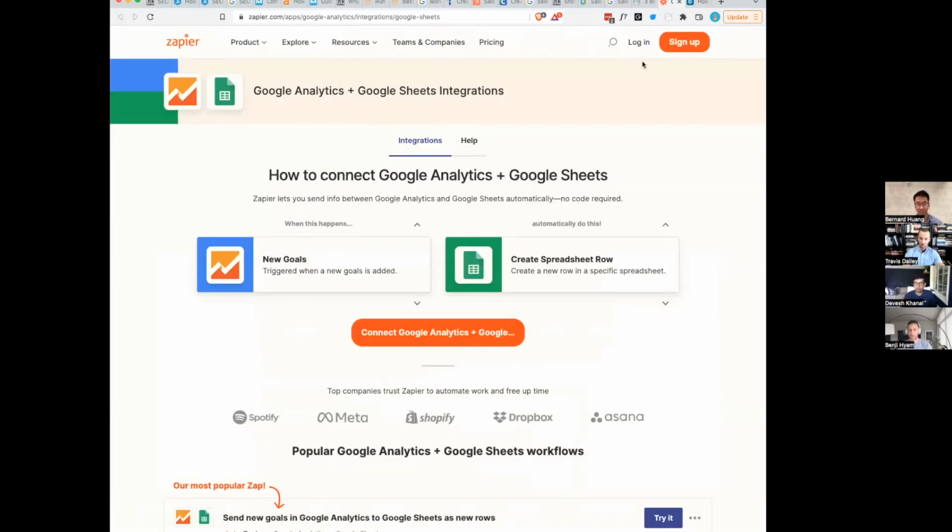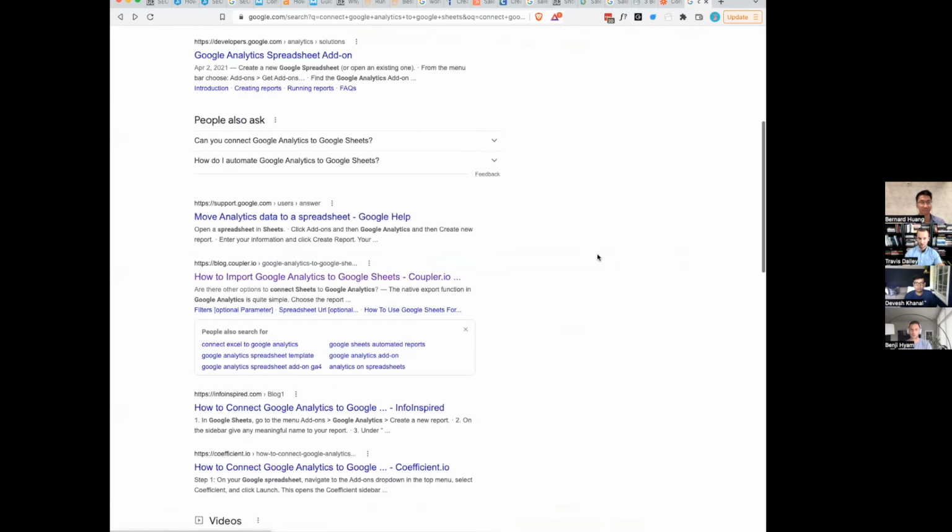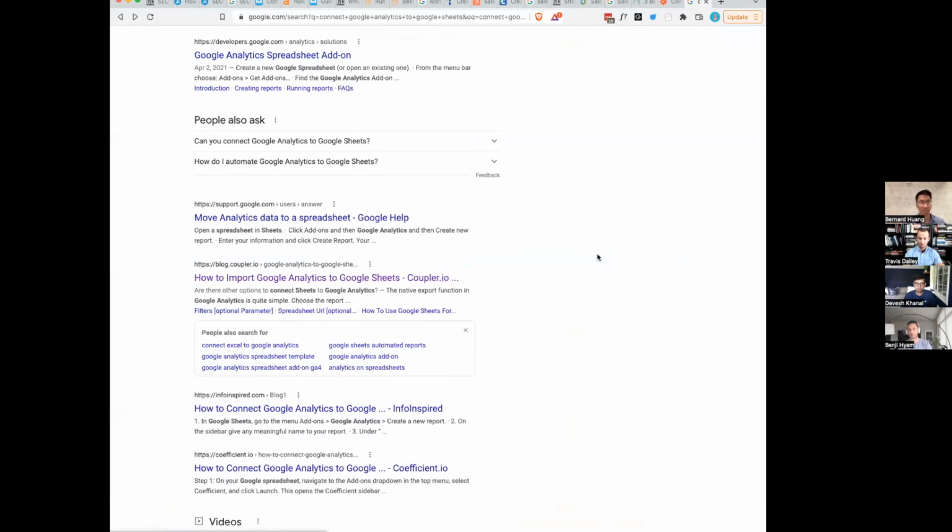I've never heard of Coupler, and I'm just guessing their domain rating is nowhere near as strong, and yet they're outranking because the intent of the blog post better solves what the person's looking for than this landing page, which has likely just been copied to rank for a bunch of different queries.